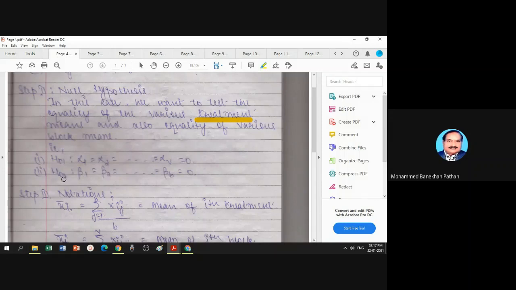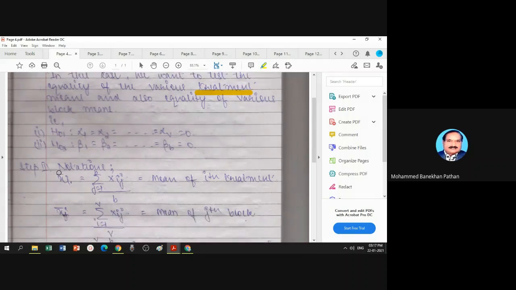H naught 2 is the effect of material, that is block. We divide heterogeneous material into homogeneous blocks and we assume all blocks are equal in their effect and on average it is 0. This is your step number 2.